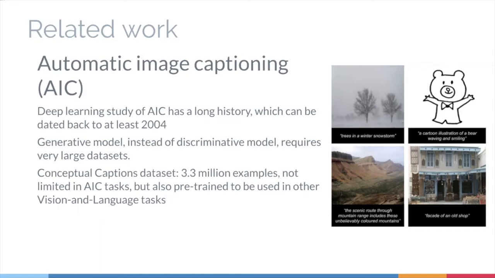But the good news is that a dataset called Conceptual Captions has been constructed. This dataset contains more than 3.3 million examples. This huge dataset has not only been used in AIC tasks, but also been pre-trained to be used in other vision and language tasks.